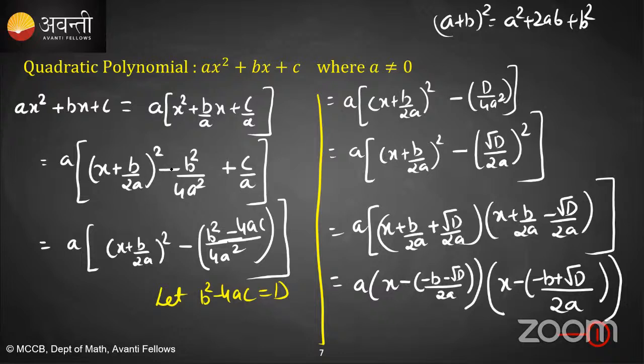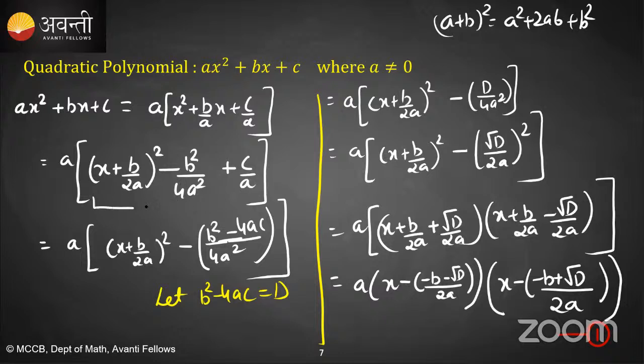Now when you expand its whole square, you get x square plus 2 into b by 2a into x, which is b by a into x, plus b square upon 4a square, right? So in this expression, b square upon 4a square is extra added, so we have to compensate by subtracting b square divided by 4a square.